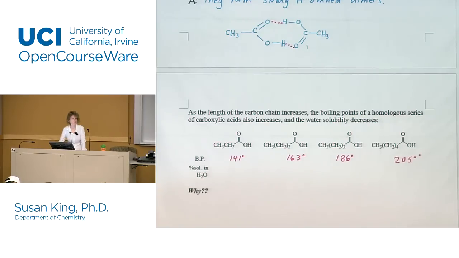So predictable increase in boiling point as we increase the length of the carbon chain. And then solubility, as we would expect, is going to go down. So infinite here, and then we start getting to a point where we have too many carbons and not enough oxygen. So this would be 3 grams per 100 mL of water. Again, you don't memorize these numbers, we just want to know trends. And then we go down to 1 gram in 100 mL of water.